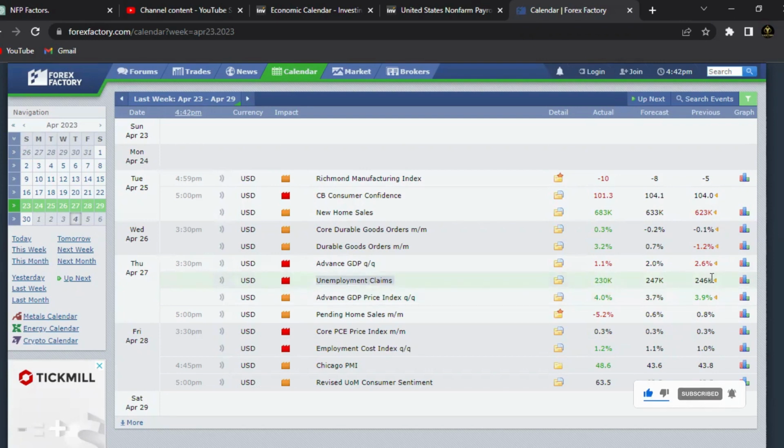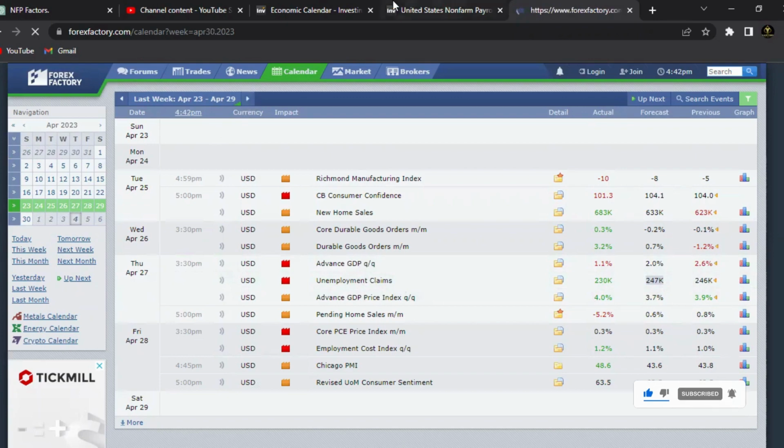The previous was at 246, and they anticipated the claims to come out at 247K, which it didn't. It came out at 230, which is lower than expected. But since it's unemployment, that means it came out positive for the US dollar, right? That means there were few people claiming to be unemployed, which is good for the economy, good for the dollar.